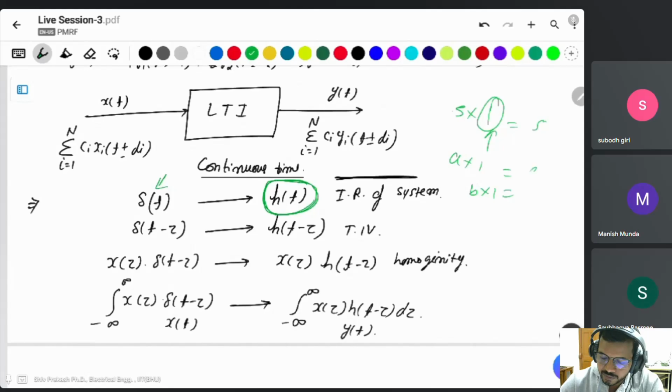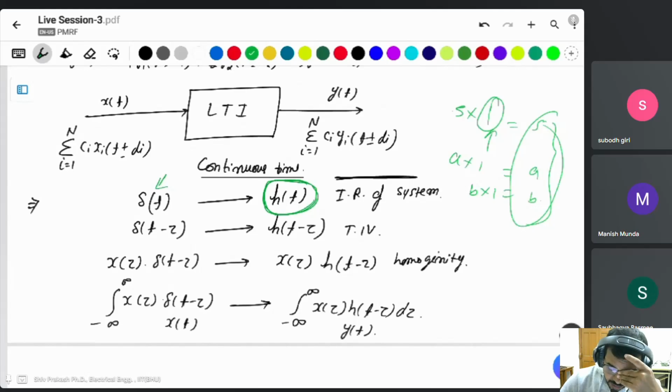If in an LTI system you give an impulse input, then that provides some output. That output is known as the impulse response of the system. This is the impulse input, it's like one only.